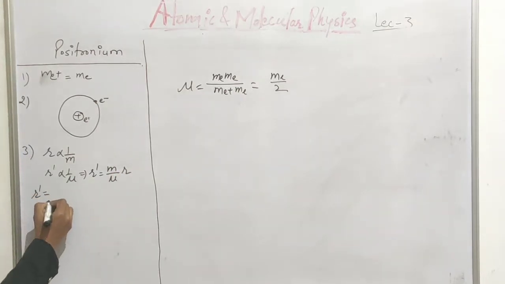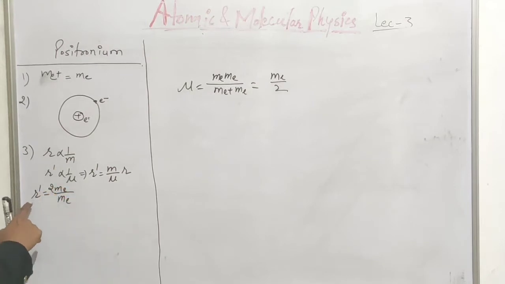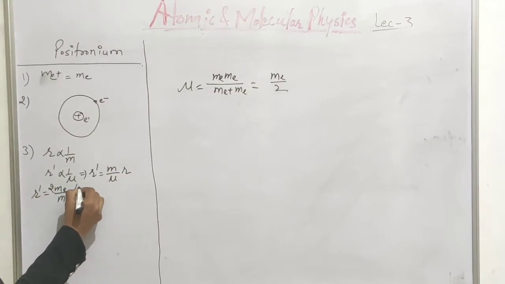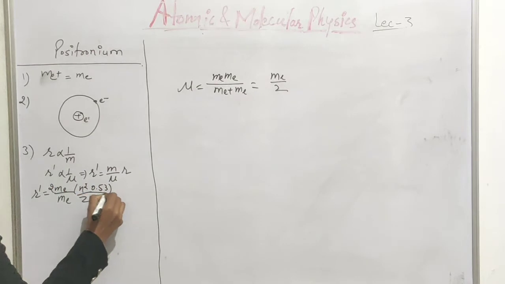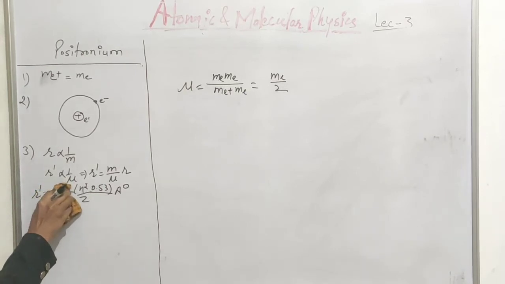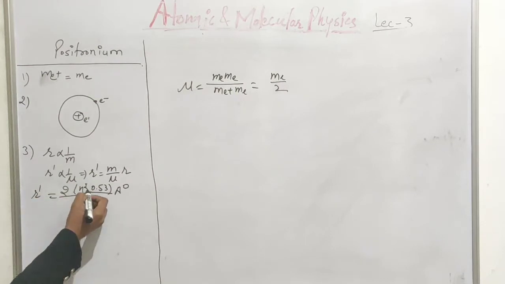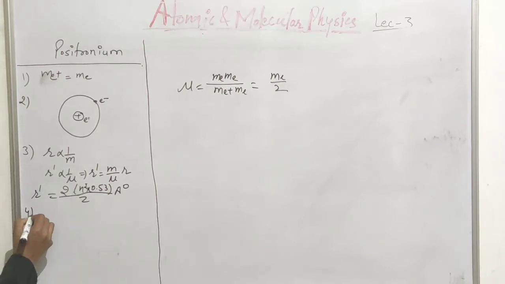M, mass of electron, over mu, where the value of mu is me over 2, into the value of r. r is n square a naught over z. a naught is 0.53 angstrom. me is cancelled, so we can write twice of this value. So radius is equal to twice of n square into 0.53 angstrom over z.